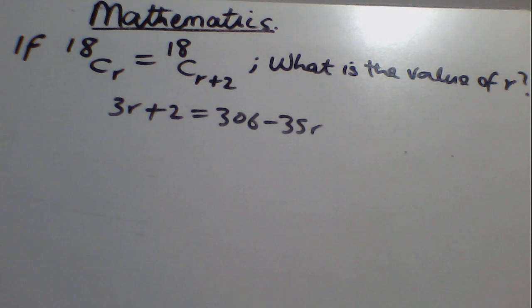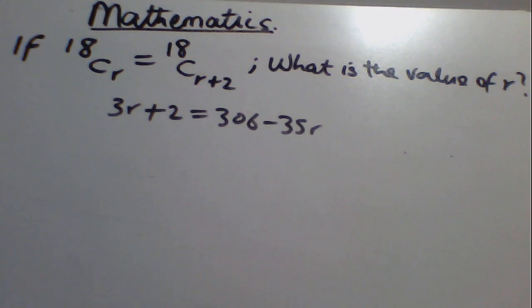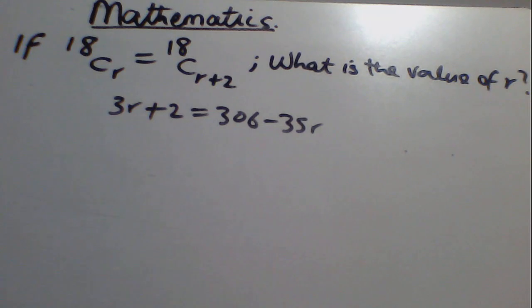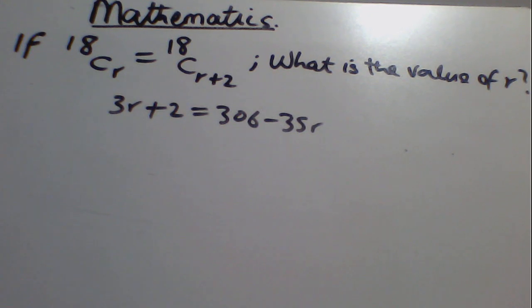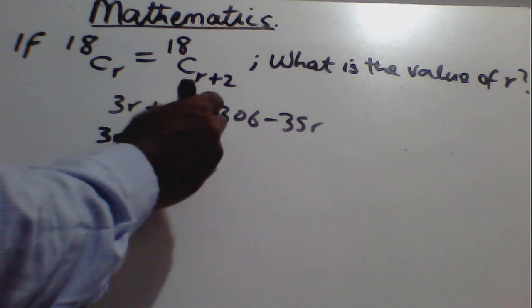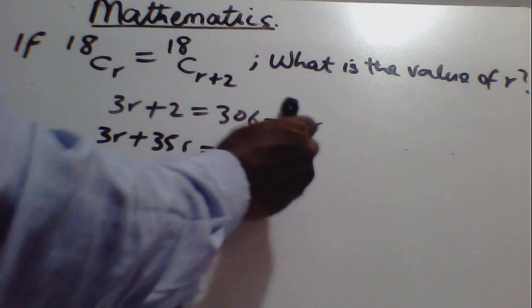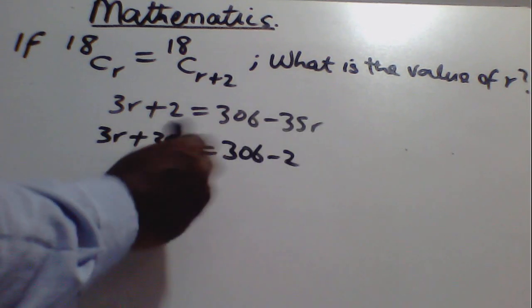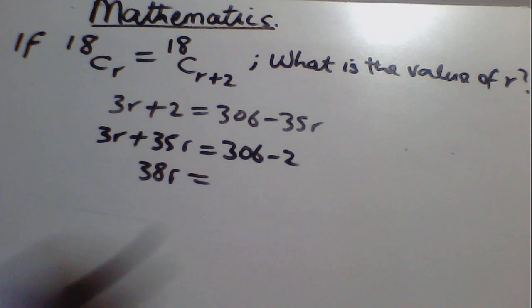You have to combine like terms and make R the subject of the formula, which means minus 35R crosses the equal sign and becomes plus 35R, and plus 2 crosses to the right and becomes minus 2. So from here we have 3R plus 35R is equal to 306 minus 2. So here we have 38R. 306 minus 2 will give us 304.